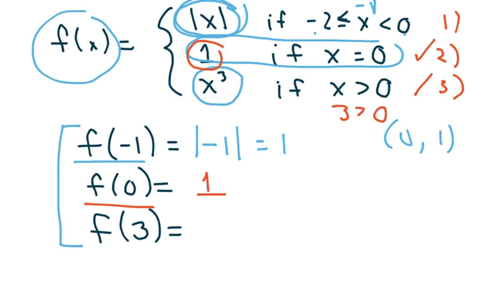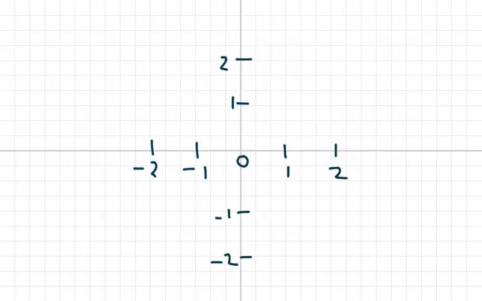So I evaluate it, and that's going to be 3 cubed, which is 27. So you're going to have to do that and know your pieces. That's just each piece, easy enough. Just make sure you look at the restriction and place the proper x where it goes. Alright, now we're going to have to graph it.